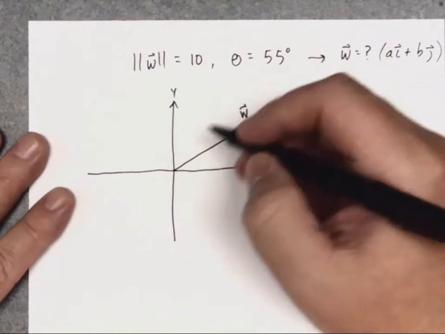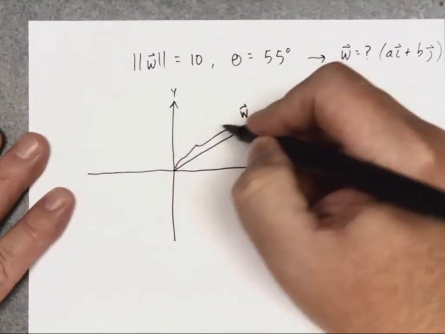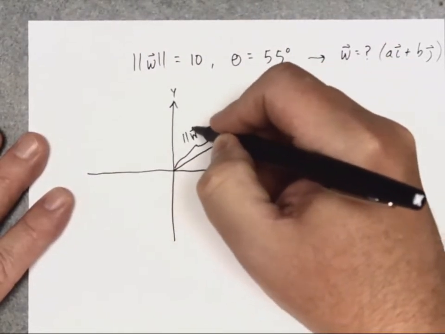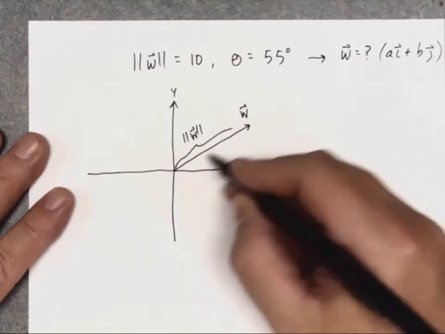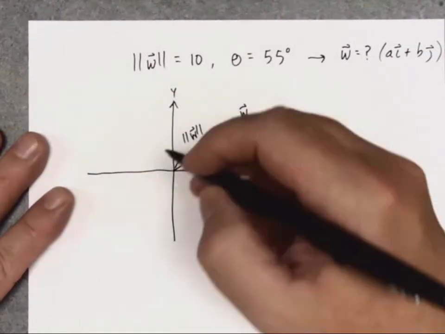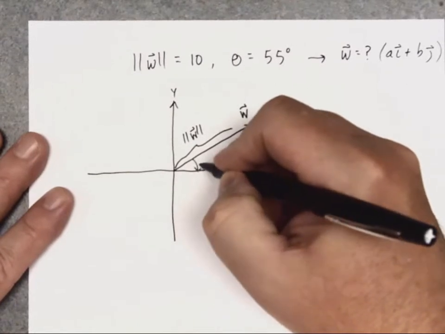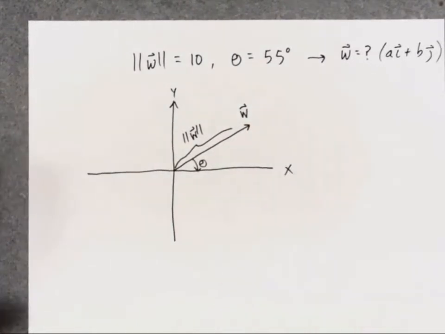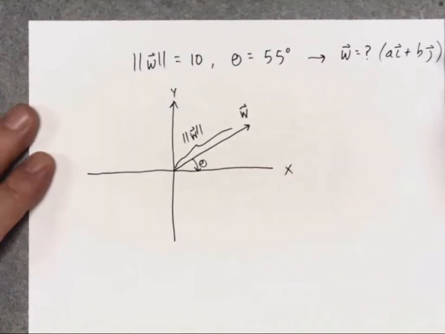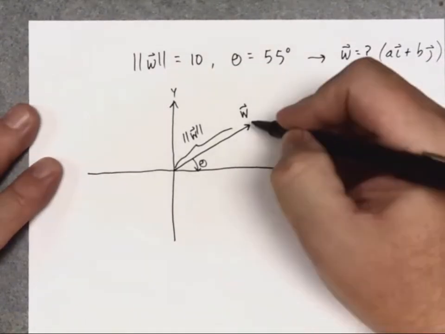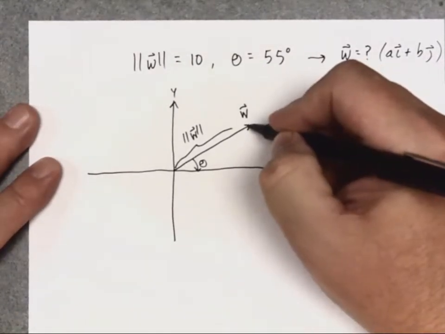Now what they've given, just like we've talked about, the magnitude of the vector is actually the length of this, and the angle would be theta. Now we know that we can also write this vector in the form of i and j, and it's based off of this point right here.